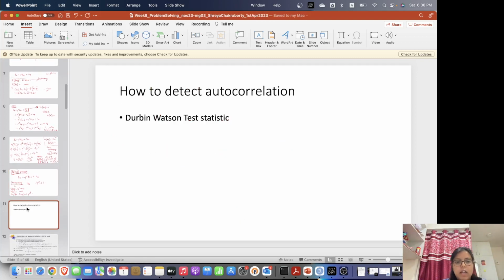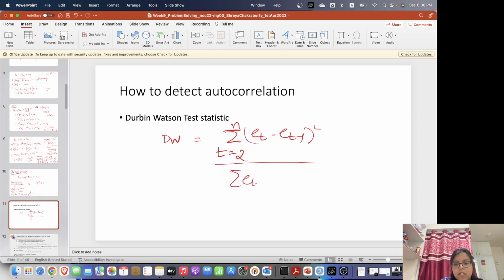Then we came to how we can detect autocorrelation, and the statistic that we would use is the Durbin-Watson statistic, which is summation t equal to 2 to n (e_t minus e_(t-1)) whole square by summation e_t square.